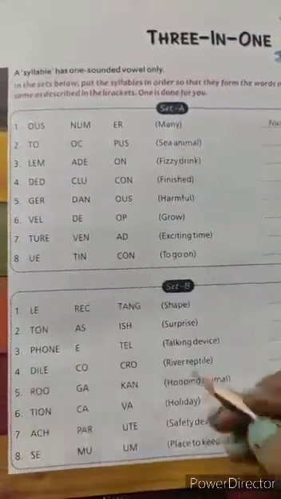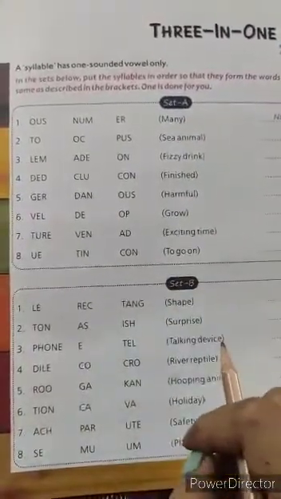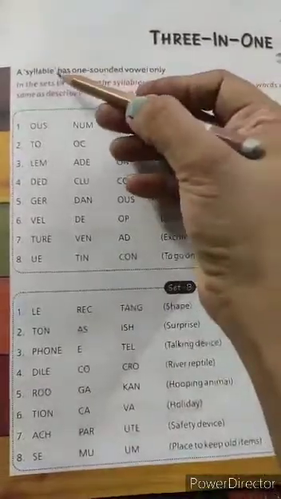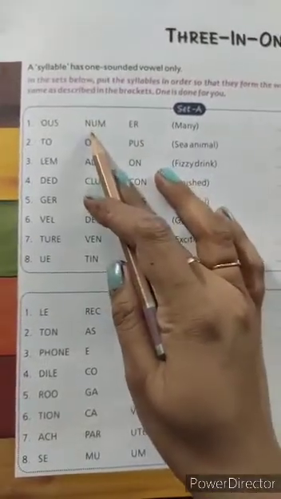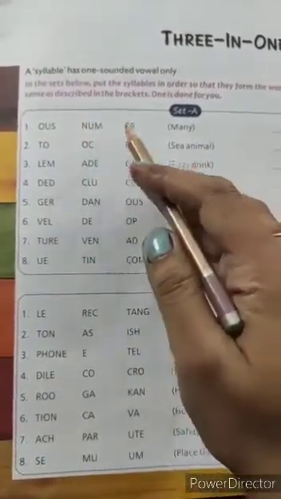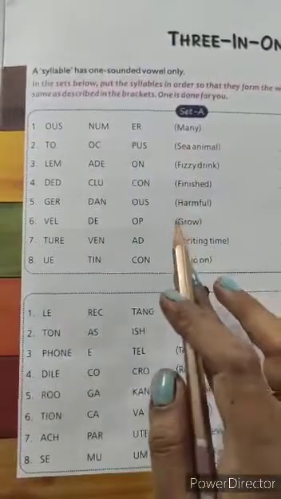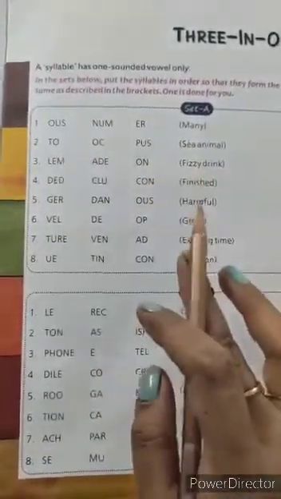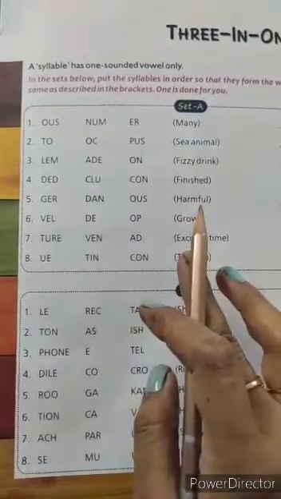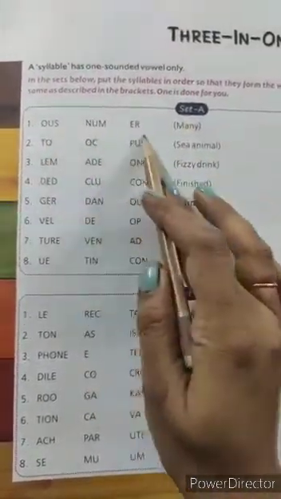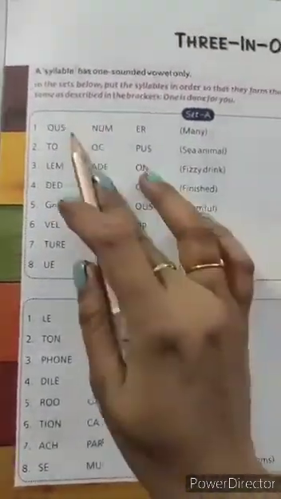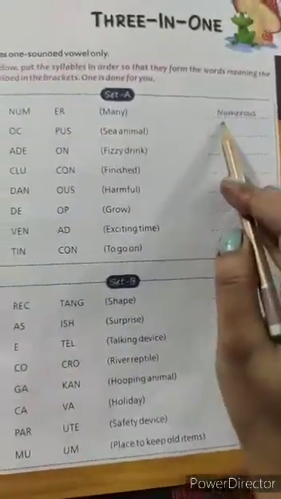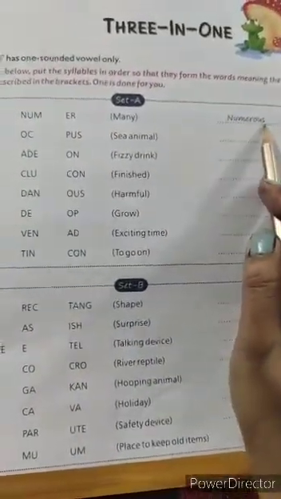But before starting this exercise, let me tell you what is a syllable. Syllable basically is when we divide a word according to the stress made on the word, like here 3 sets of words you are looking over here, but they don't form any meaning. The meaningful word is written over here, that is numerous.